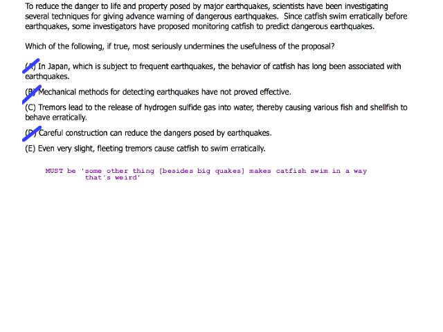So what's the deal with C? Does C give you an alternate thing that could cause them to swim weird? It doesn't say that.